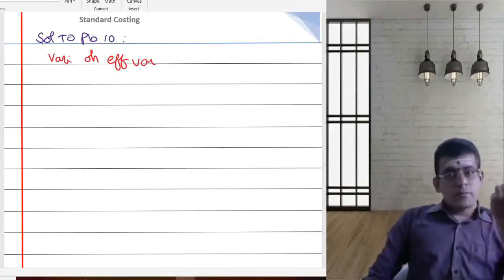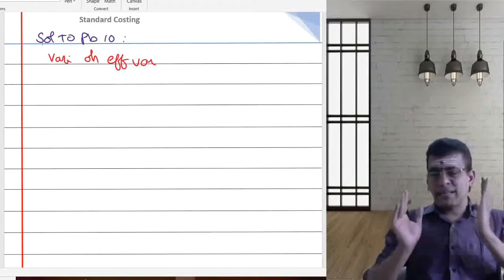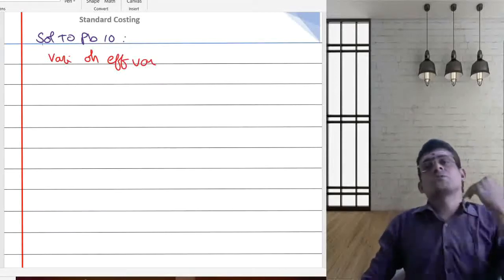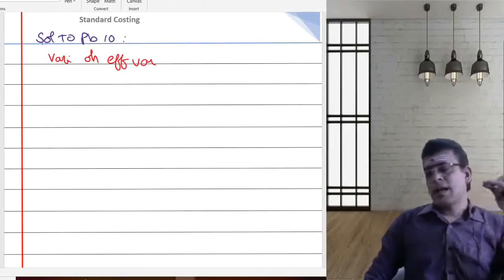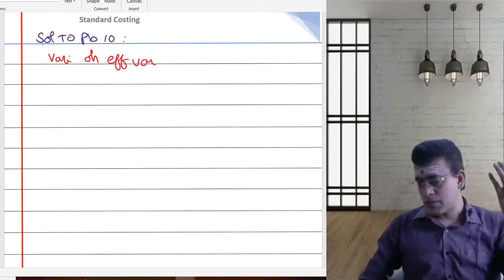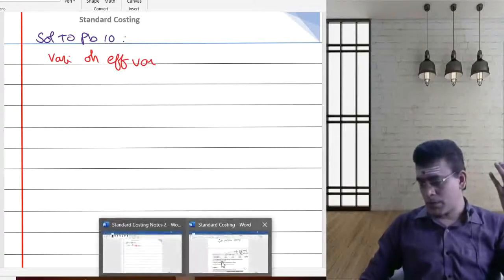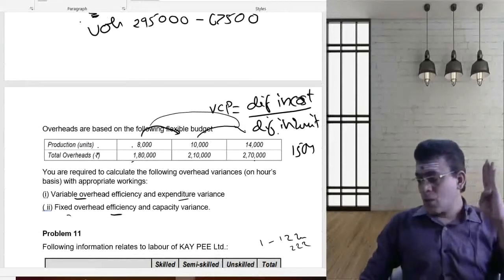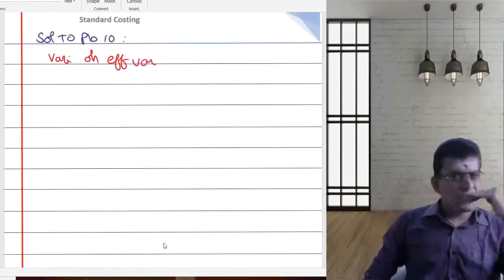See, there will be few problems in costing where you should first of all understand what you are supposed to do. Here what I am supposed to do: calculate variable overhead efficiency variance, calculate variable overhead expenditure variance. And the second one he is asking you what? He is asking you fixed overhead efficiency variance, fixed overhead capacity variance. So these are the only 4 things which are required, only 4 things.